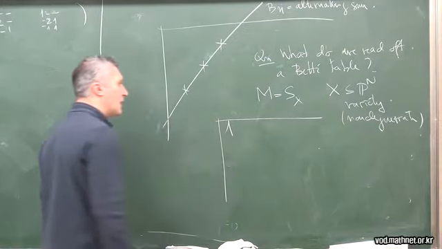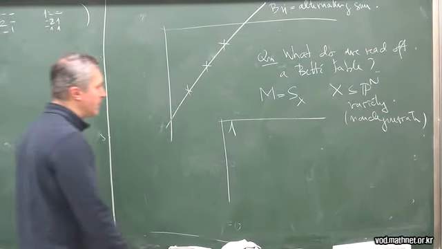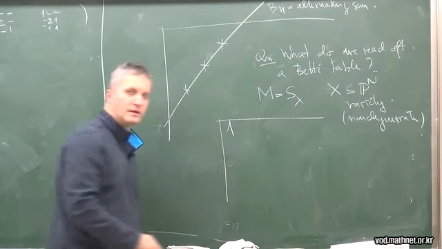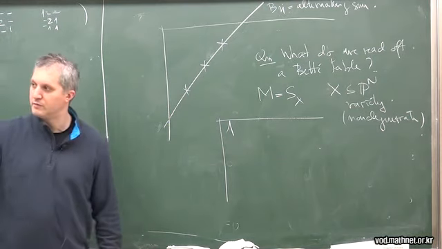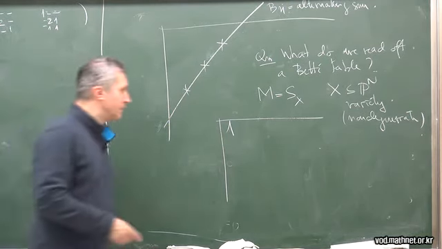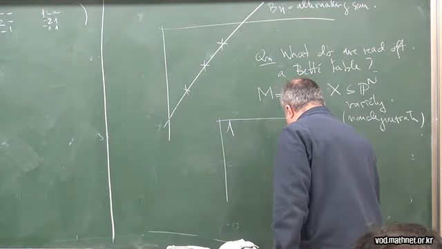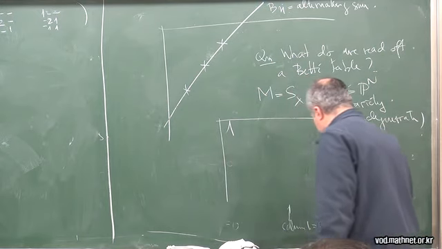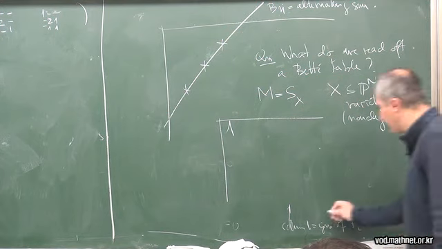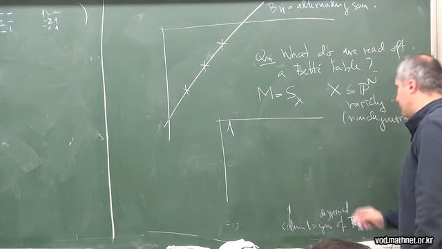So we will have a 1 here. So remember that on each column, so on column i, we read the degrees of the generators of the module Fi.